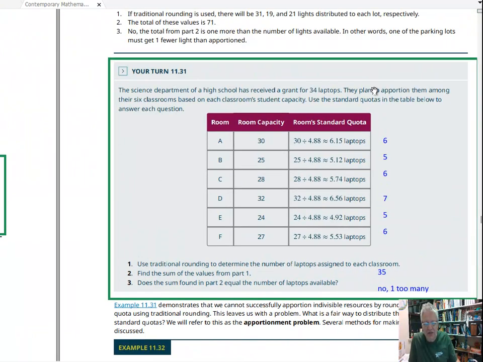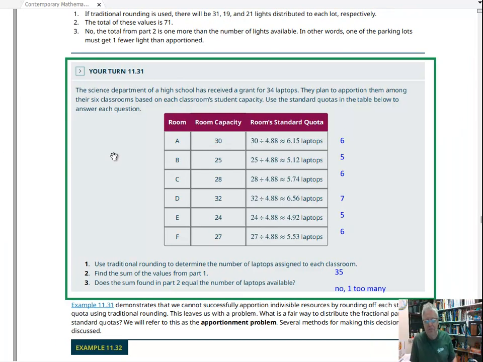Yeah, there it is. They do it actually here, and to run through this one, 34 laptops apparently due to a grant, and they tried to distribute it across 6 rooms. Well, 34 cannot be divided by 6. It also doesn't help that the room capacity is different. So what they do is they use this standard quota, which they divide by the standard divisor.